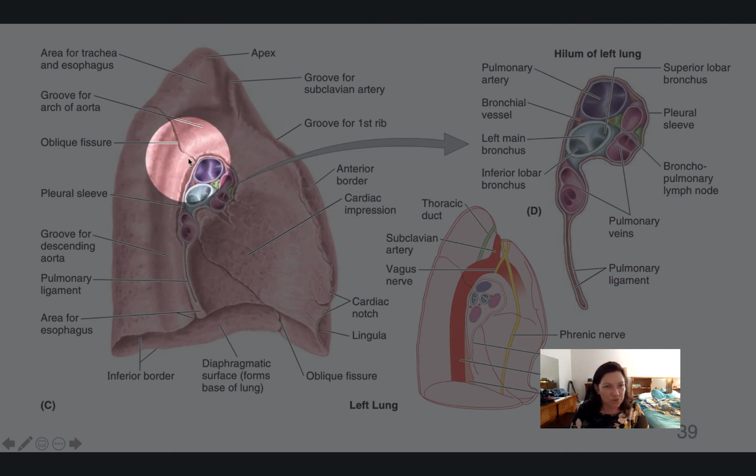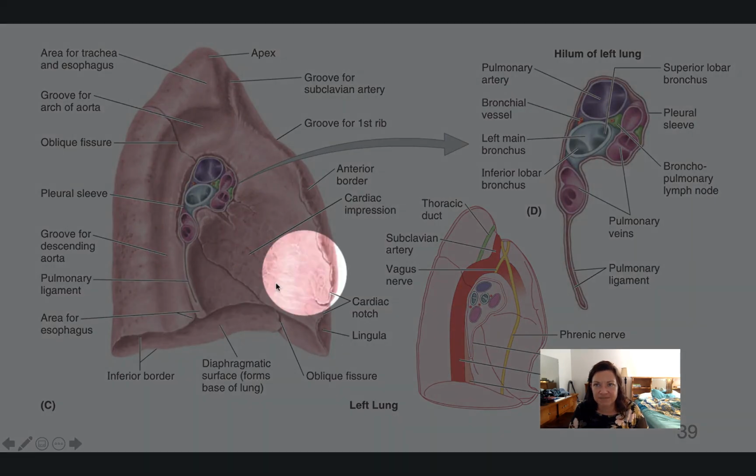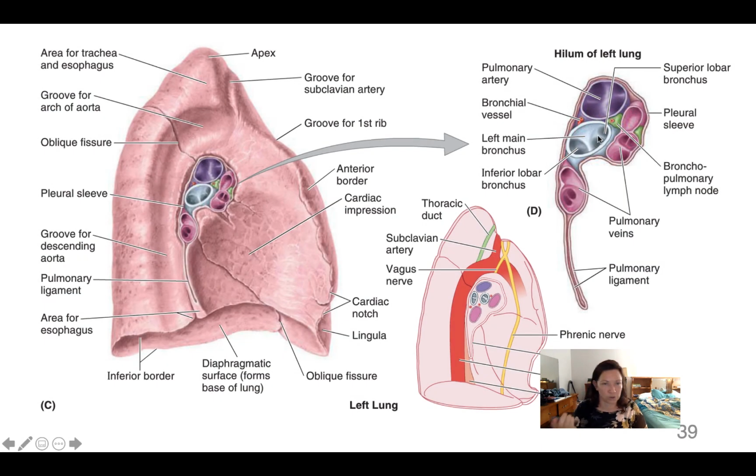And there's a huge depression or groove created by the descending aorta and the aortic arch, which deflects relatively left in the chest. And so that's the tip-off. In addition, there's only a superior and inferior lobar bronchi because there are 2 lobes.